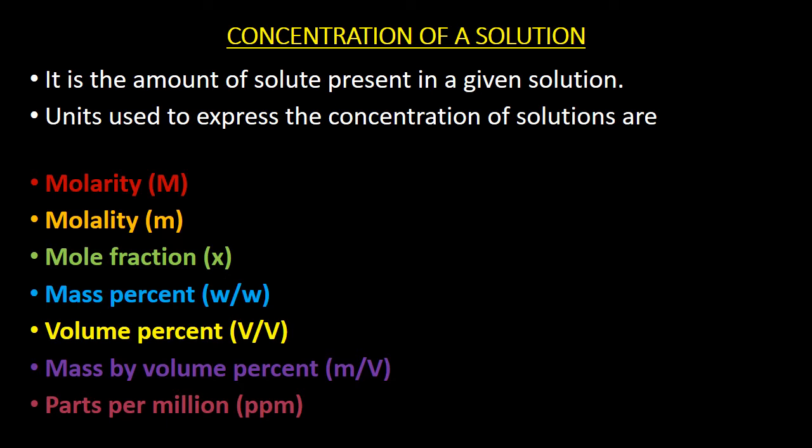The concentration of a solution means the amount of solute present in a given solution, and the different types of units used to express the concentration of solutions are molarity, that is capital M, molality denoted by small m, mole fraction denoted by small x, mass percent W by W, volume percent V by V, mass by volume percent M by V, parts per million, that is ppm.